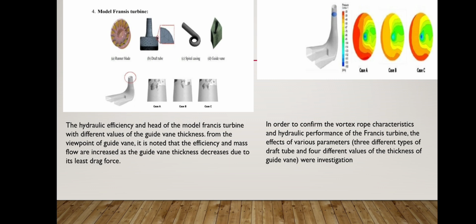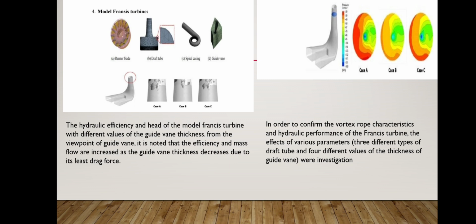In order to confirm the vortex core characteristic and hydraulic performance of the Francis turbine, the effects of various parameters like the draft tube and 4 different values of thickness of guide vanes were investigated.